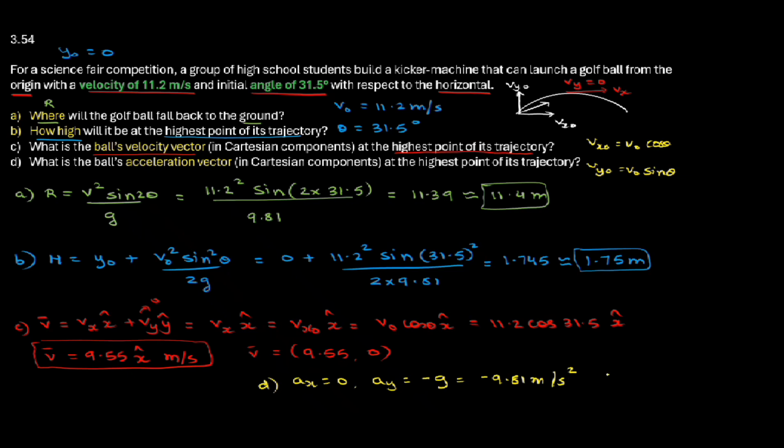So if I write the acceleration vector, I will write it as a bar equals ax x cap plus ay y cap. Since ax is 0, you're only left with negative g y cap, or negative 9.81 y cap. This is the value for acceleration. If I write this acceleration in component form, you will write a bar equals 0, negative 9.81.